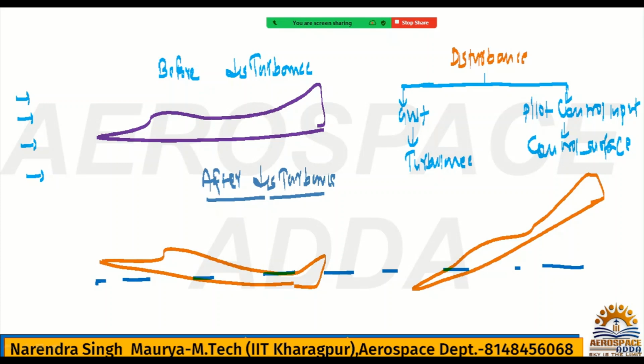So it's called pilot control input. Once the pilot uses the surfaces or high lift devices and they are deflected, disturbance is created. These disturbances, whether gust, turbulence or pilot control input, are temporary.